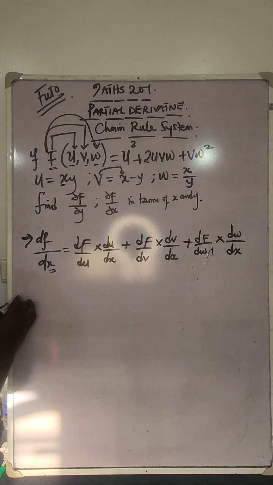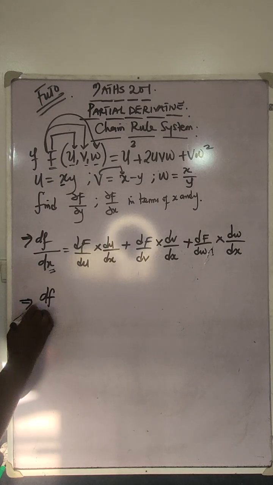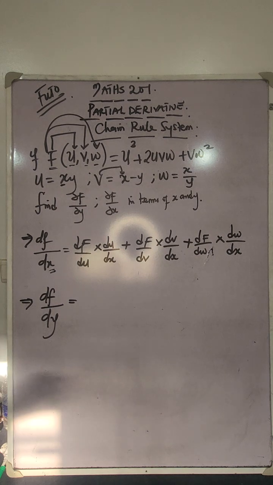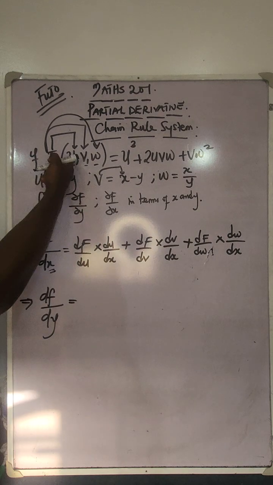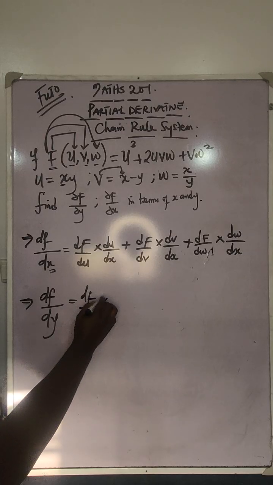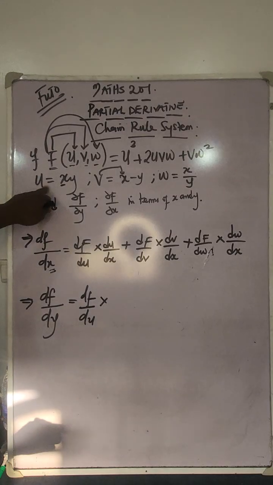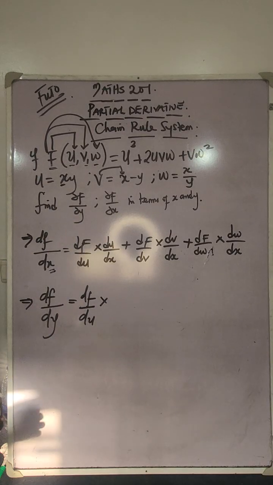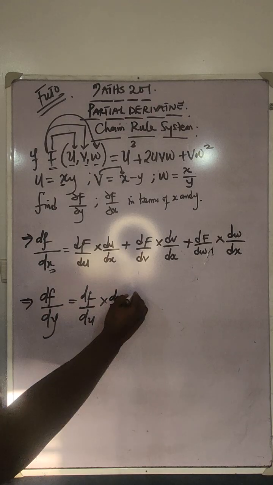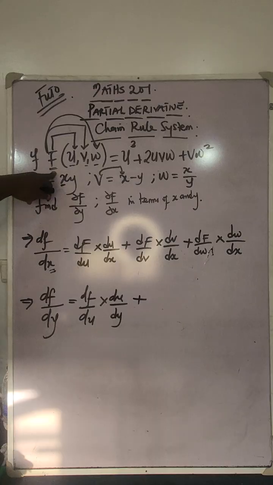Let's look at dF/dY. Simple. Hey, father, call your first child, dF/dU, multiplied by, hey, first child, call your Y. Now we are expecting Y. So, dU/dY, plus, hey, father, call your second child.